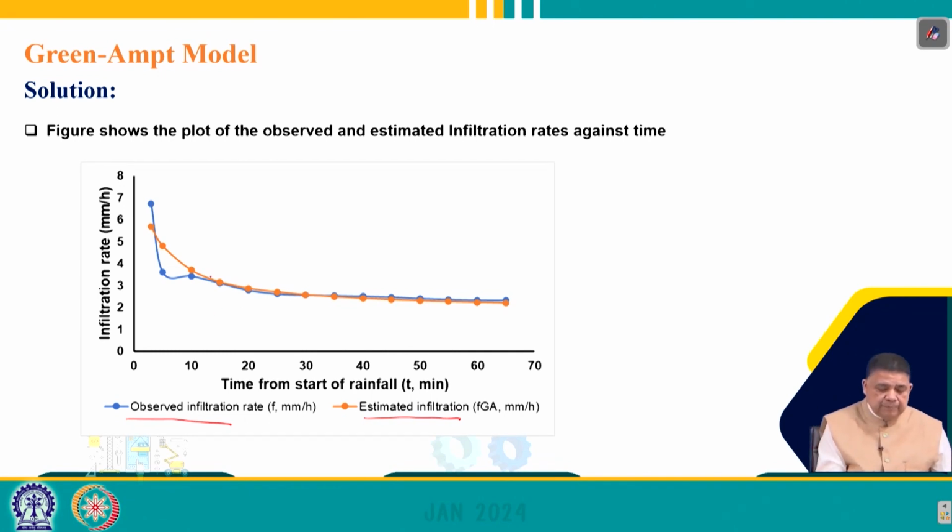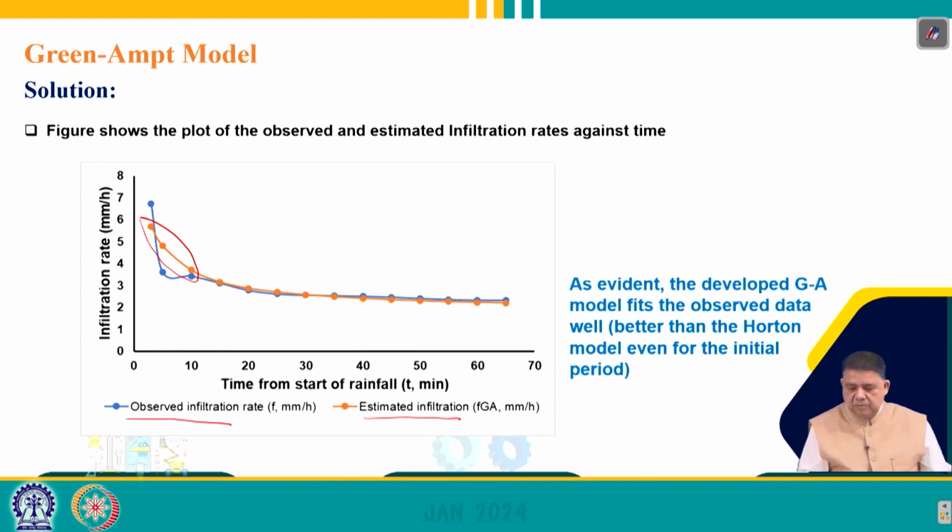And as you can see, even in this part, this model does better than the Horton model, because it is more physically based, more physical concepts are being used in this model. So, as evident, the developed GA model fits the observed data well, better than the Horton model, even for the initial period. So, that shows that because it is physically based, it is slightly better than the semi-empirical Horton's model as we saw earlier.